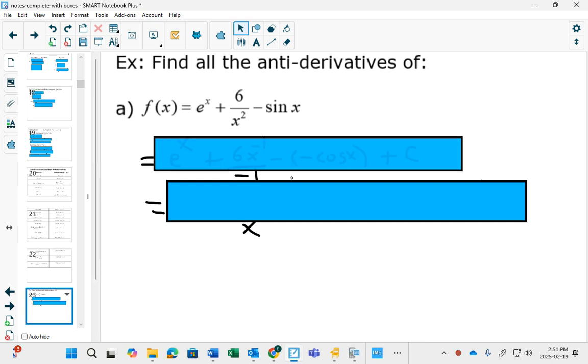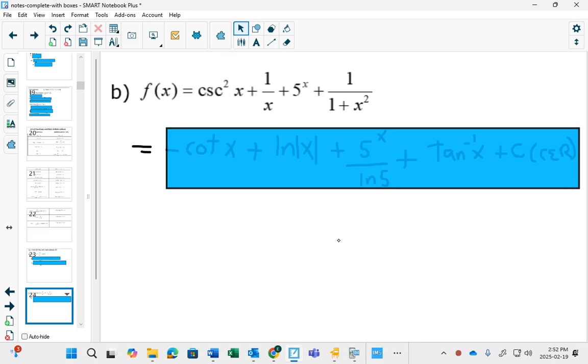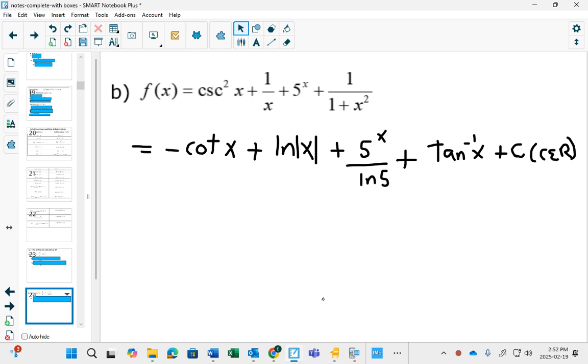Here, I'll put up the answer for the first one so you can check to see if you're on the right track. Here's the second one.